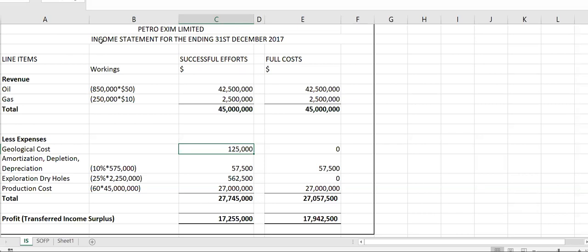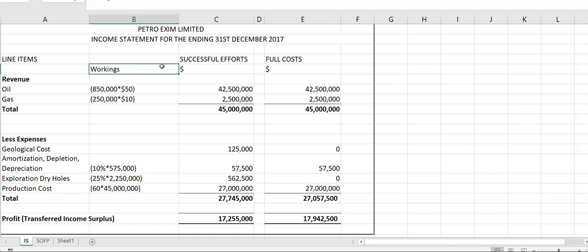So you bring on board income statement for the year ending 31st December 2017. Always remember to bring your currency sign. Currency sign is something that sometimes we forget. Bring your currency sign, either in dollars or in cedis. Don't think that when you forget the currency sign, we don't know what you are saying.